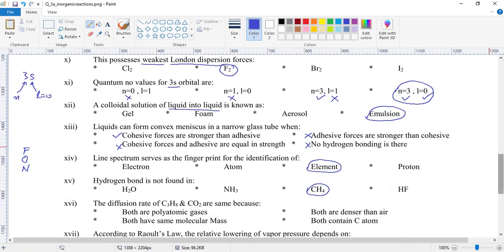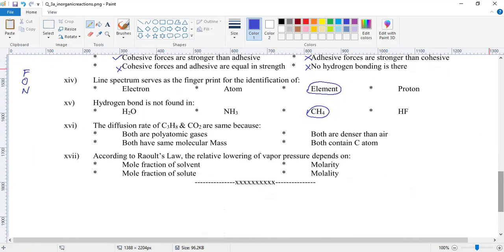Now question number 16, I'm sorry. The diffusion rates of C3H8 and carbon dioxide are the same. We should note that the molecular mass of carbon dioxide we have already calculated above. It is 44.